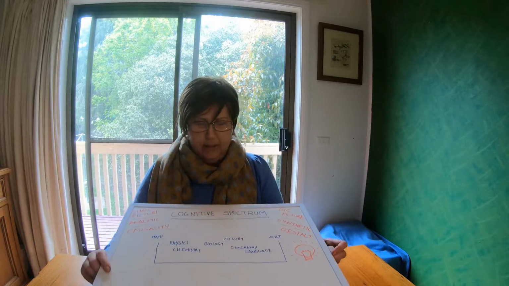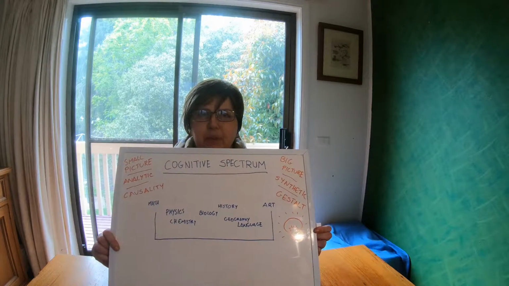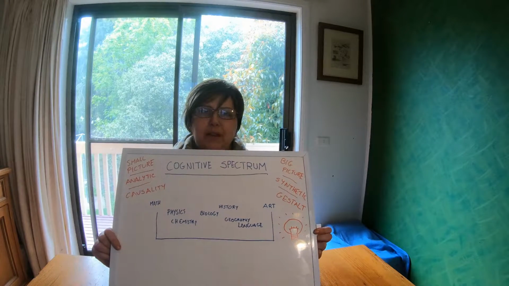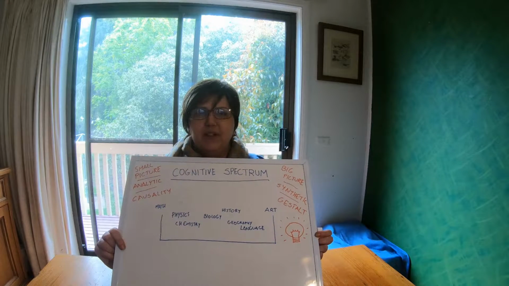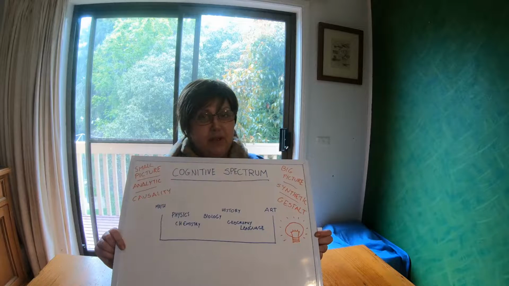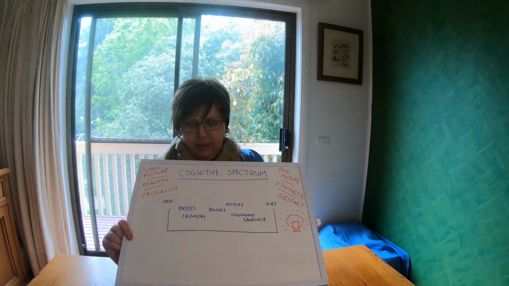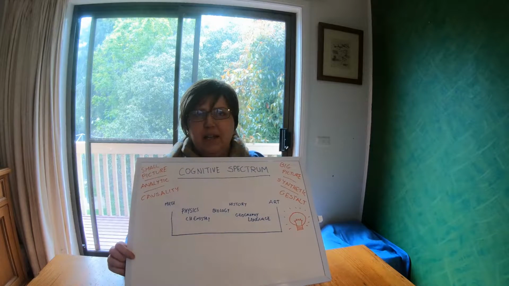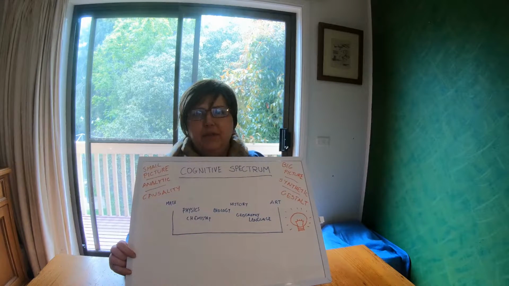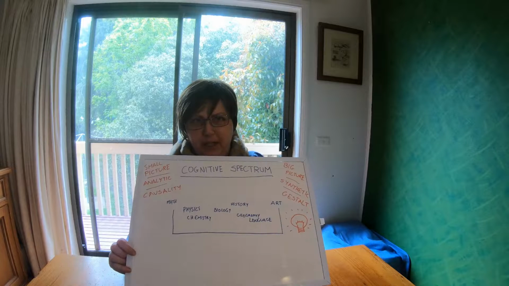Today I'm going to give a practical example on how the cognitive spectrum works. I'll talk about a student of mine. I said in a previous episode that I'm a teacher. I used to be a high school teacher, and I had this student in one class who had a few problems with learning.